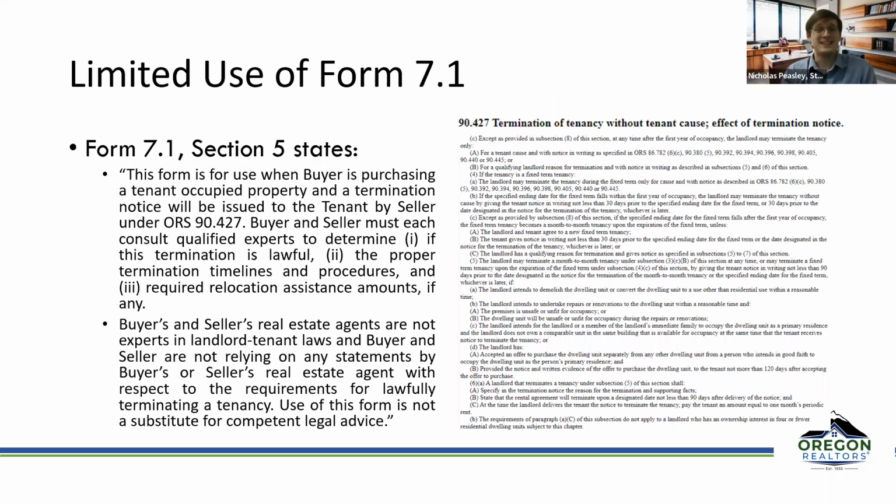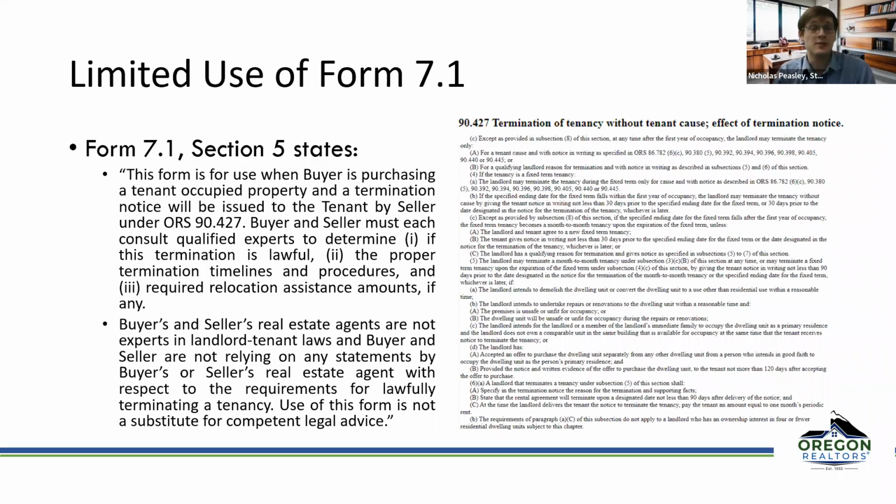Form 7.1, Section 5, the exact quote is, this form is used when the buyer is purchasing a tenant-occupied property and a termination notice will be issued to the tenant by seller under ORS 90.427. Buyer and seller must each consult qualified experts to determine, 1, if the termination is lawful, 2, if the proper termination timelines and procedures were followed, and lastly, the required relocation assistance amounts if they are required.